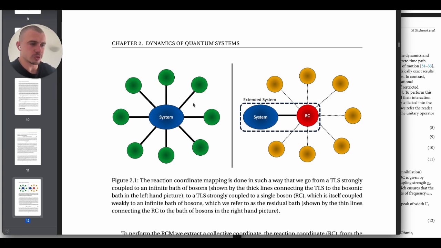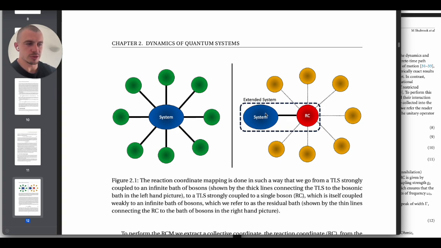In this case, what we can do is something called the reaction coordinate mapping, which is what's happened in this right-hand diagram here. Essentially, we've pulled a collective coordinate out of this full environment, this green bath on the left here. We've morphed a little bit of all these green modes together into this red one, which we call the reaction coordinate. And the reaction coordinate strongly couples to the system.